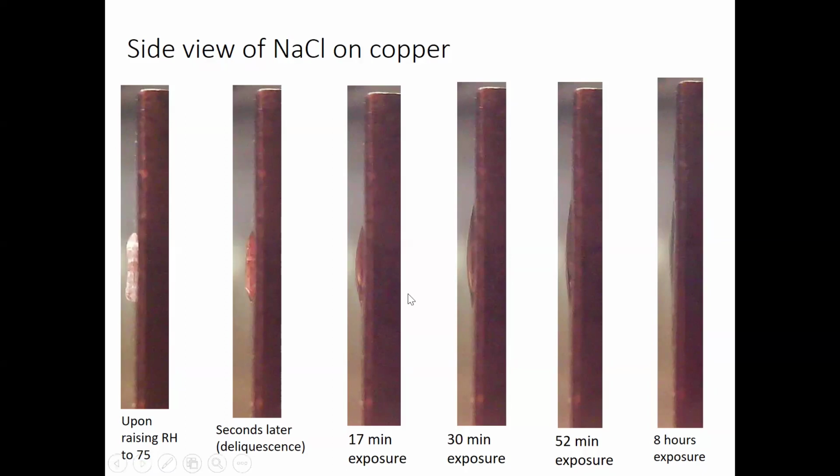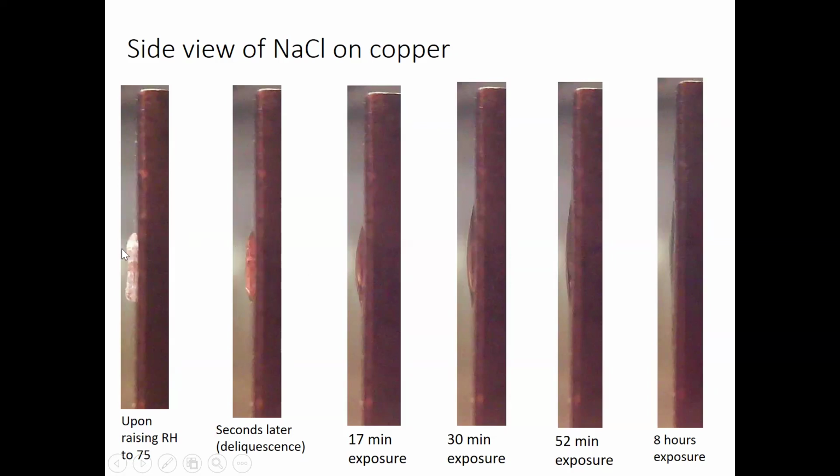This is a series of images taken from an experiment I did previously. You see the salt itself that was deposited onto a copper layer, and you see that seconds after the relative humidity was increased to 75%, deliquescence occurs.